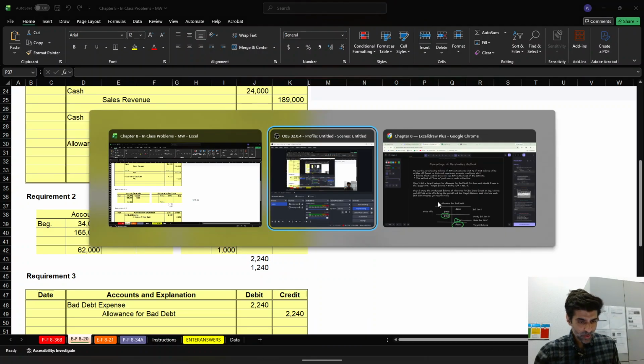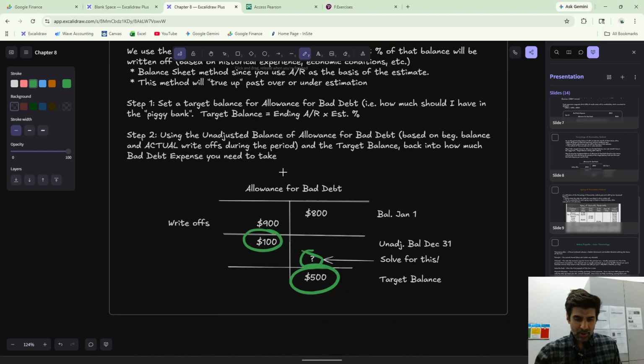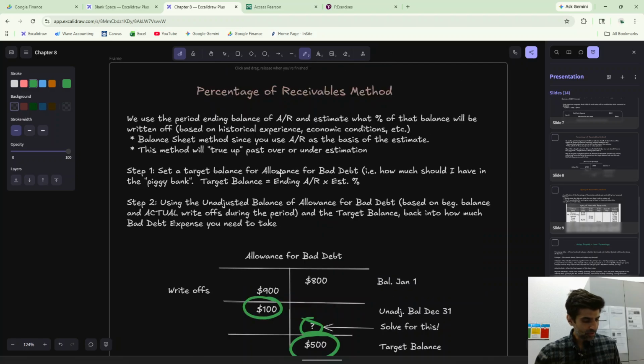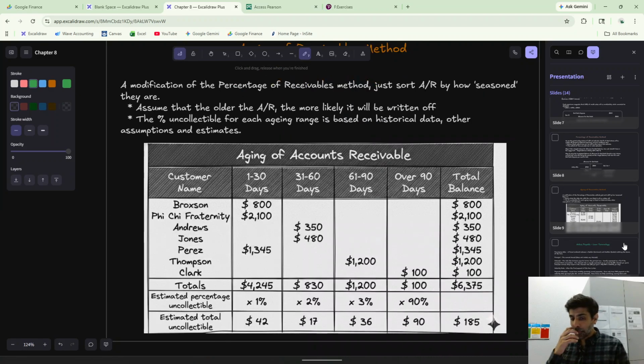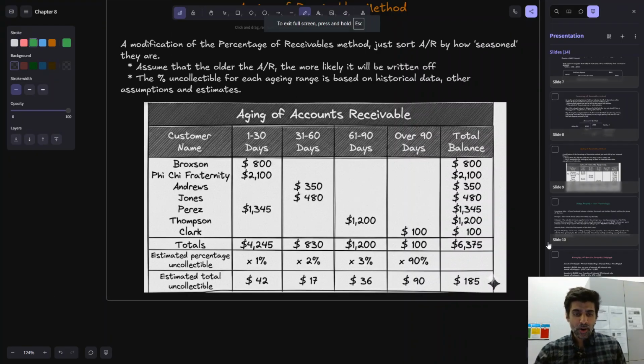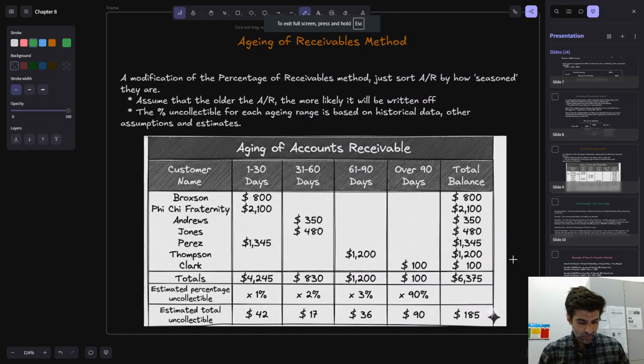Okay, so let's move on to the last of the three. It's very similar to a percentage of receivables, except we're now going to break out the accounts receivable more granularly. Again, it's a modification of the percent of receivables method.